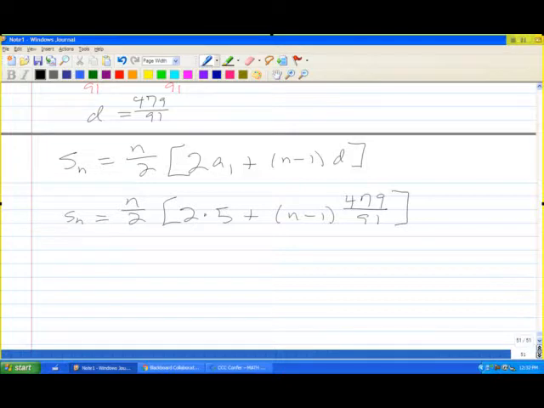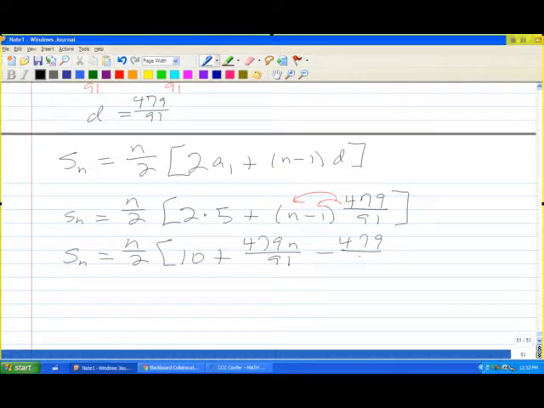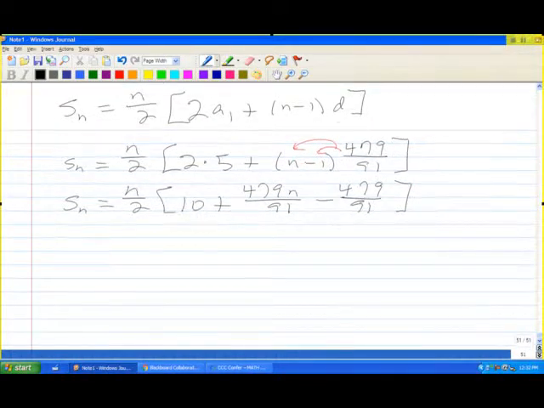And so the sum of the first n terms is 10 plus 479n over 91 minus 479 over 91, all over 2, multiply and divide by 91.